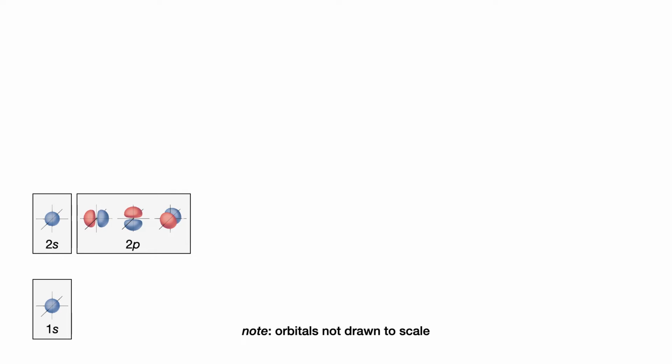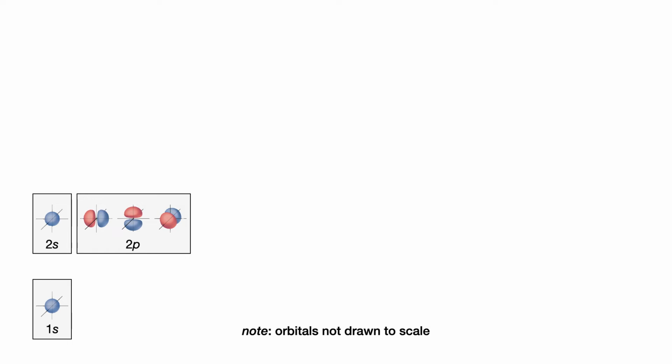There's enough energy in that level to be able to form waves of either type. And again, in the S sublevel, there's only a single orbital wave pattern. In the P sublevel, there are three different wave patterns, and they're commonly drawn as being oriented along the X, Y, and Z axes.